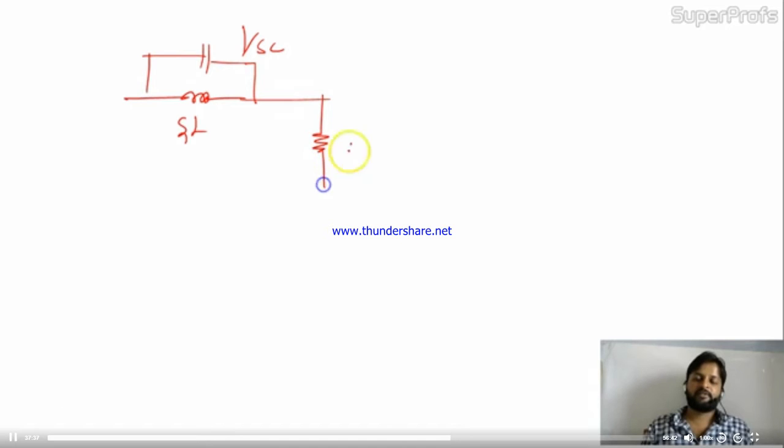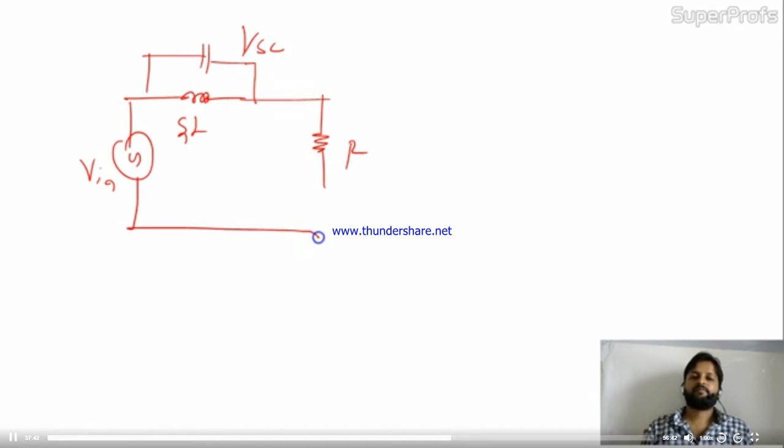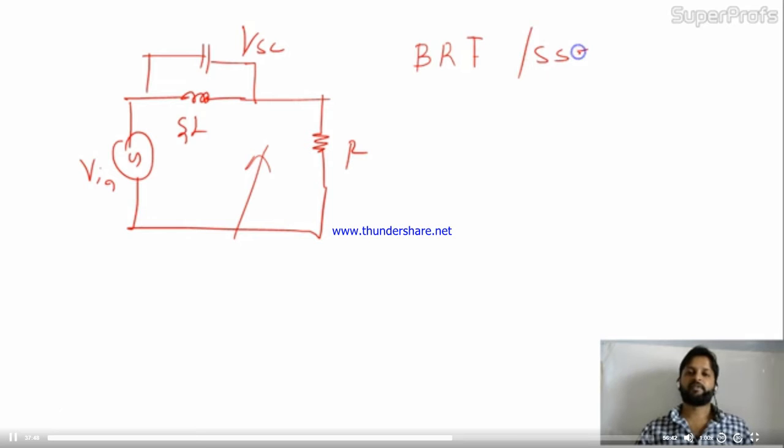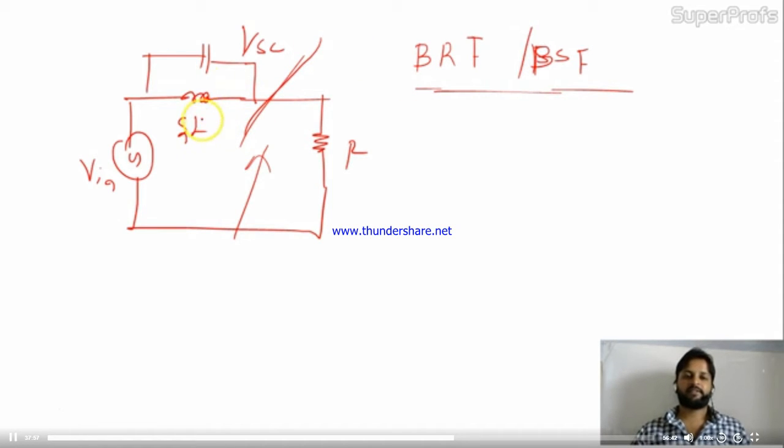Okay, this is R over here connected with V in. So this circuit is for the band reject filter or band stop filter. Okay friends, in the band stop filter the inductor and capacitor will be connected in parallel.